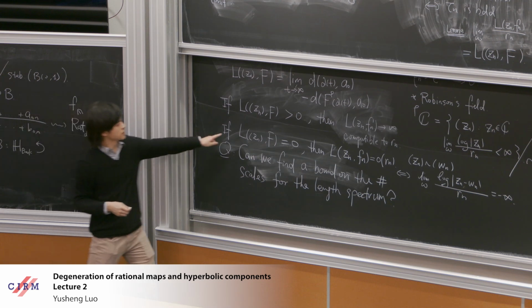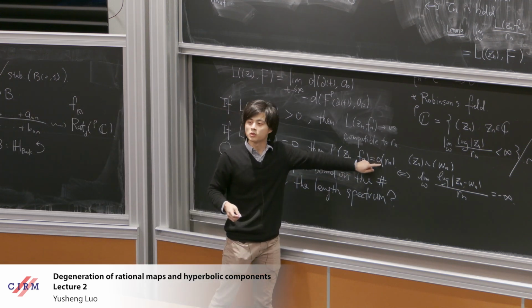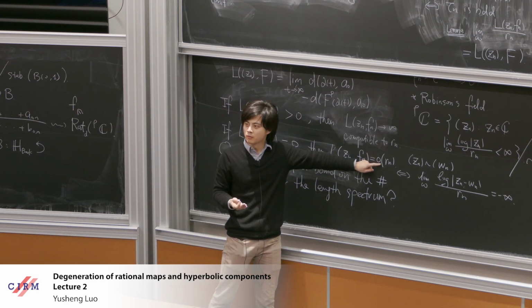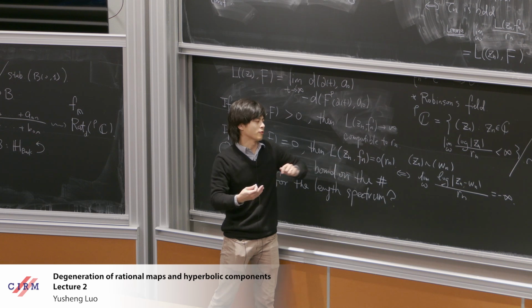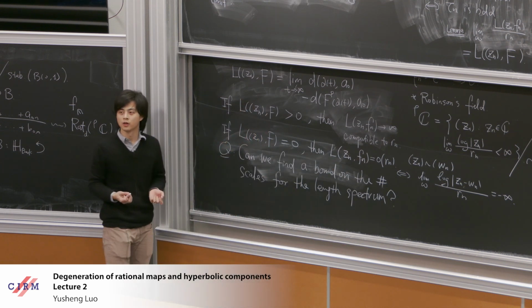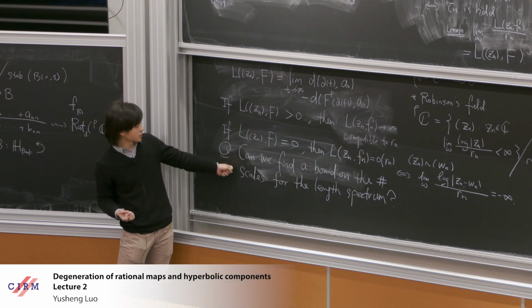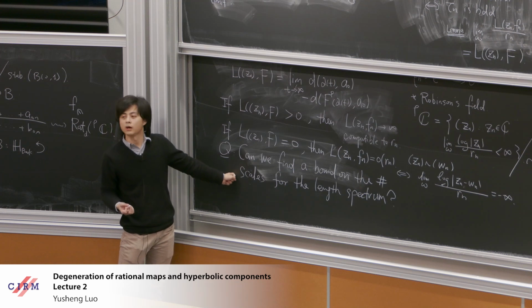In this case, they might still go to infinity, and then you find a secondary scale. And you might find multiple different scales. But can we find a bound on the number of scales associated to this length spectrum?